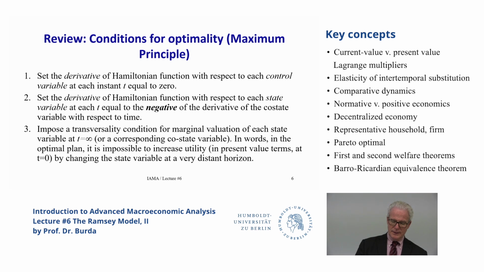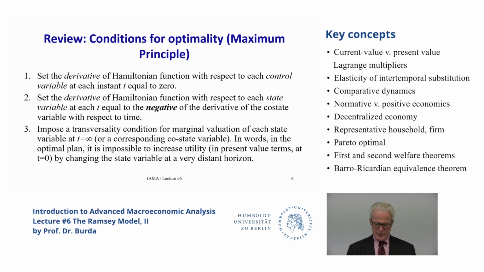So this is an optimality condition which guarantees that the rate of change of the shadow value of the state, here we would call this the marginal utility of consumption, also obeys a certain intertemporal law and can't be arbitrarily chosen if the planner wants to maximize utility.